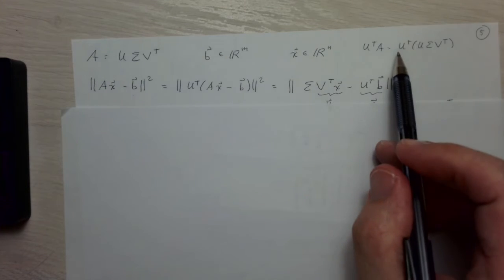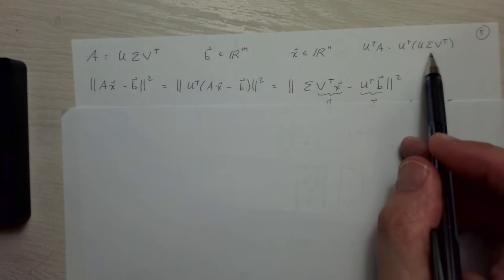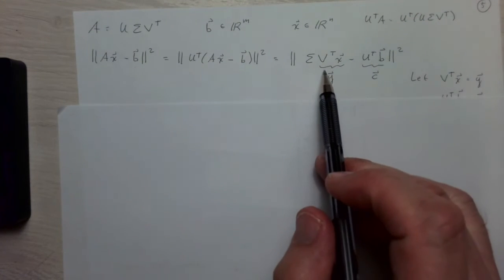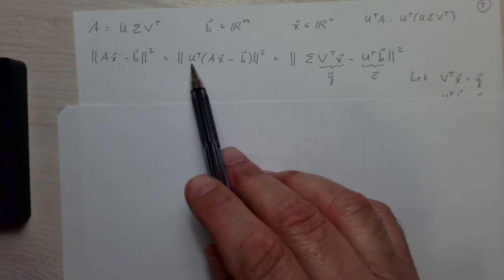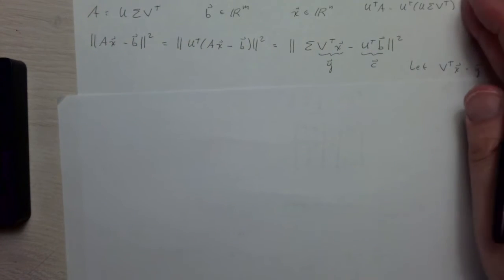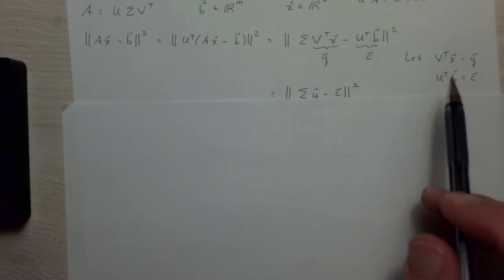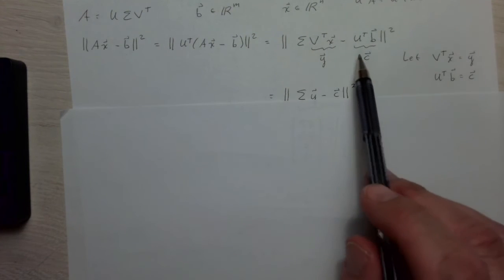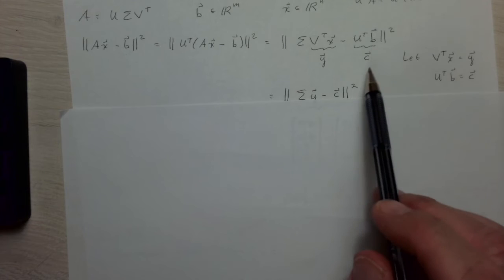Okay, so the U transpose and the U cancel out, and we just get sigma V transpose. So that's how we get this, and then we distribute the U transpose, and we get U transpose B. All right, now we're going to make a little substitution here. We're going to let V transpose X be equal to Y, and we're going to let U transpose B equal C.